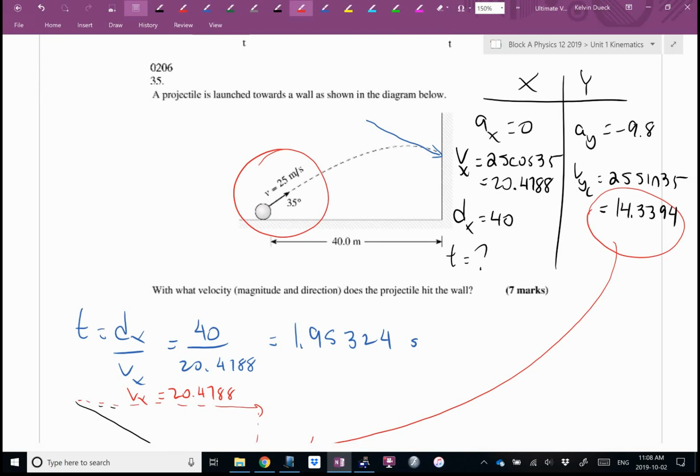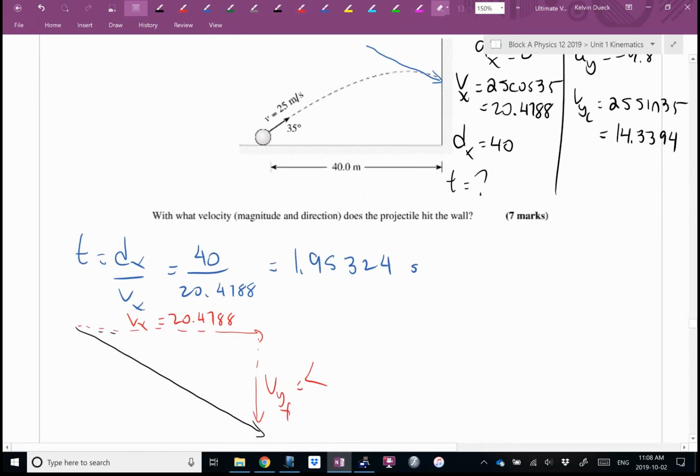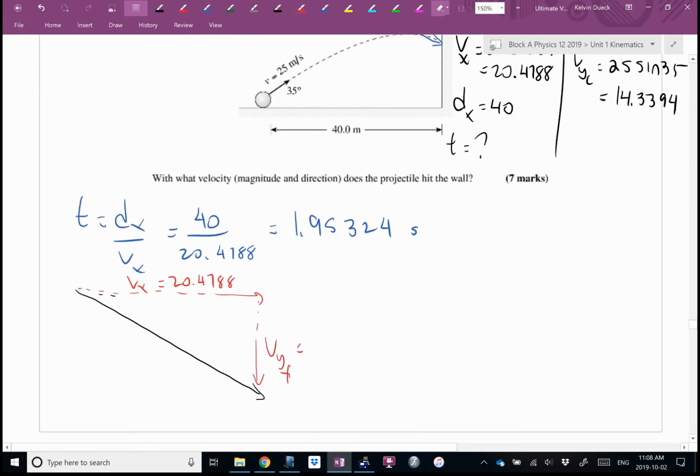And they never ever caught that because, oh, I didn't get 25, I got 24.9998, Mr. Dueck. Yeah, because you rounded off, but it's the same thing. And I got 34.96 degrees. So don't do that. That was a little silly mistake that always bugged me. Instead, we're going to find Vy final.